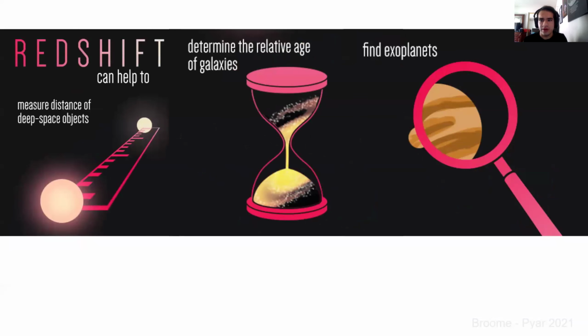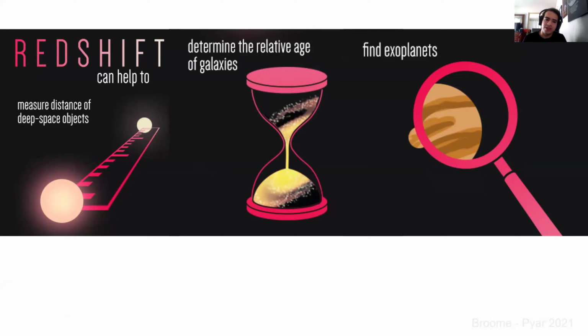Now this redshift is, like I mentioned before, a very useful thing to quantify for astronomers and astrophysicists, because it helps to measure the distance of deep space objects. For example, something can be emitting light from billions upon billions of light years away.